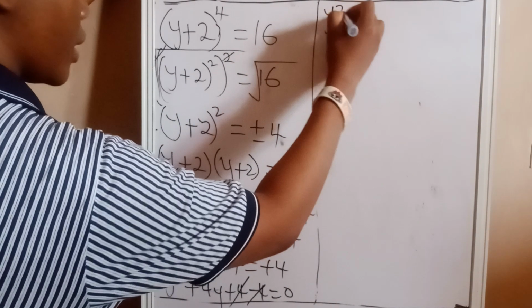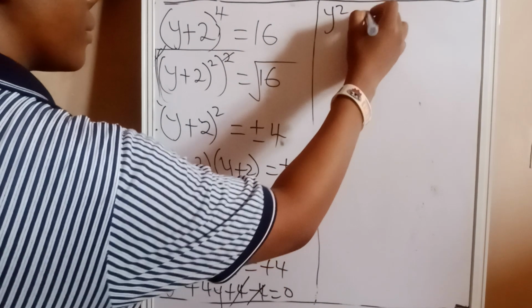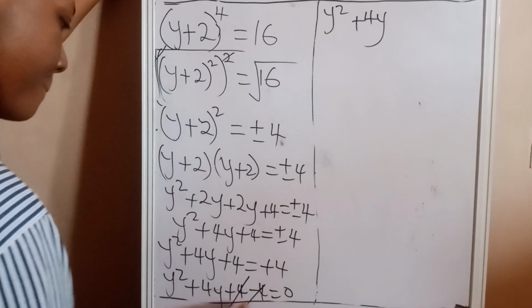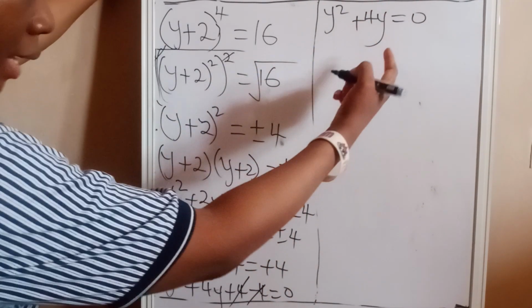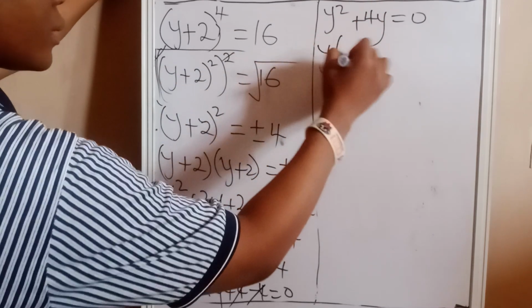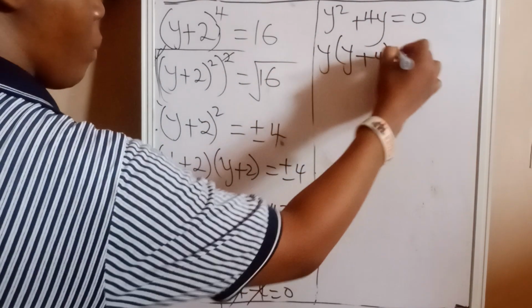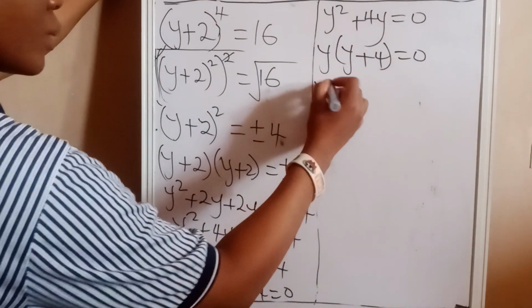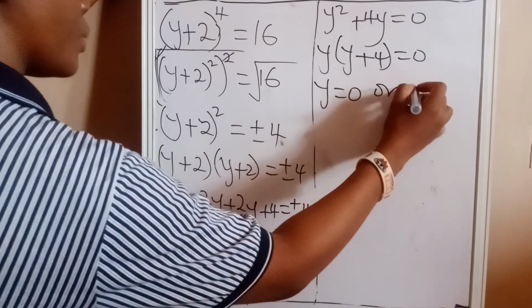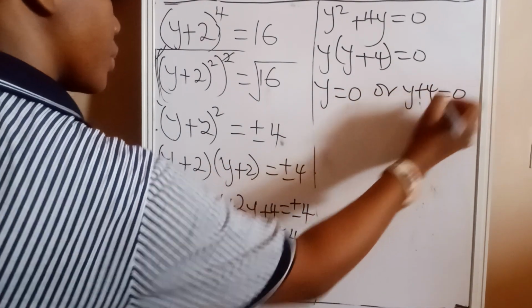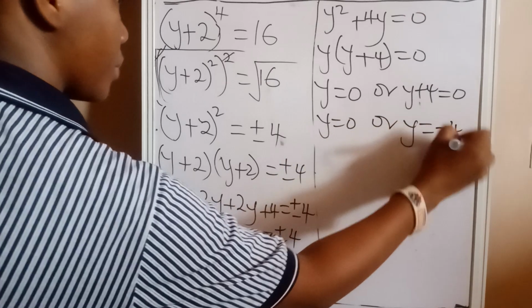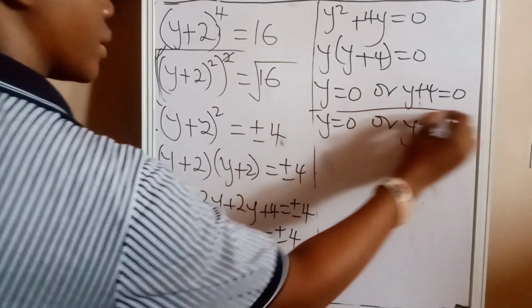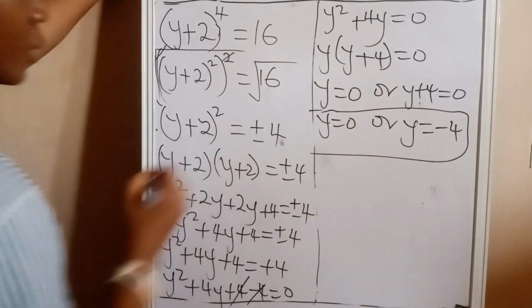So we're left with y squared plus 4y equals 0. We're going to factor out y because y is common. So it means y is equal to 0 or y plus 4 is equal to 0. Y is equal to 0 or y is equal to minus 4. This is the first solution.